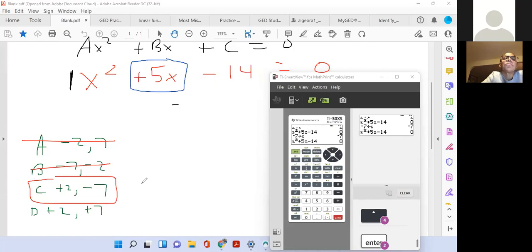I would rather you do it that way, plug those values into the quadratic equation until you get 0. Now, they could change that up again. They could say x squared plus 5x minus 14 equals 8. No, minus 8. When you plug it in, instead of being equal to 0, it has to be equal to minus 8.